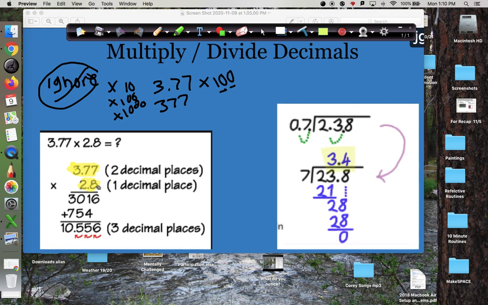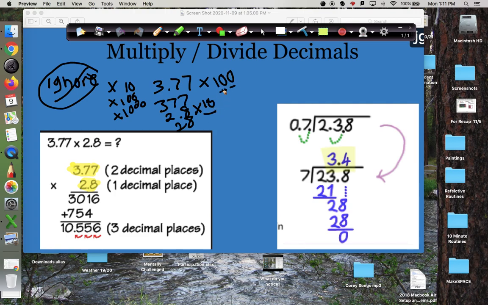So that's 2.8, and so how does 2.8 really become 28? To go from 2.8 to 28 is not just ignore or get rid of or pretend, it's multiply by 10. So notice that we have now multiplied by 1,110.